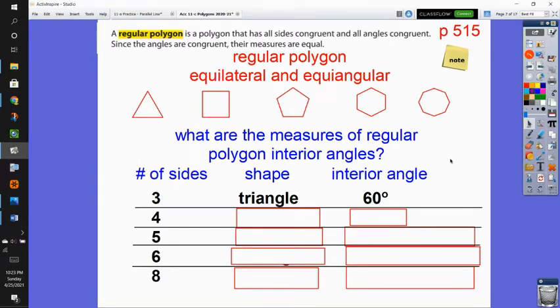Now the most common shapes that you think about when you think about polygons are the regular polygons. A regular polygon is any polygon that has all congruent sides and all congruent angles. All the sides are the same length and all the angles are the same measurement. A regular polygon is equilateral, meaning all the sides are the same length, and equiangular. All of the angles have the same measurement.